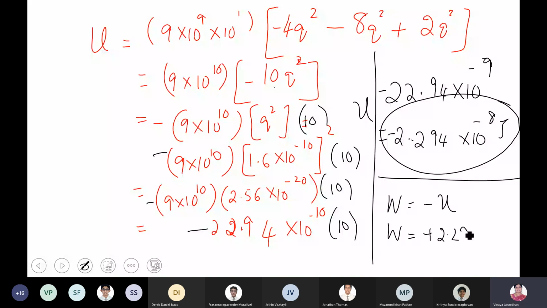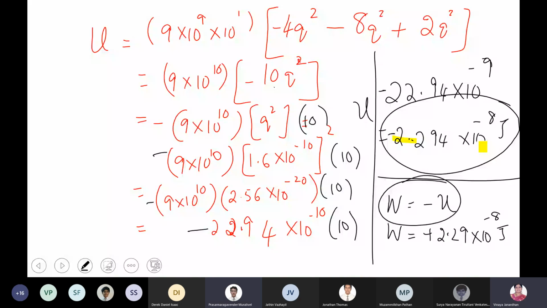But then I got 2.3. That's fine, right? That's not a problem, boys. Only the power should not have any error; the values will not create a problem. Now why is the work positive?